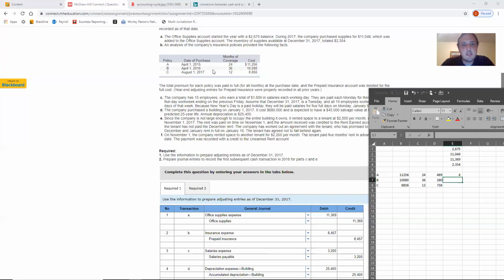The second policy does go through the entire year. And the third one, we only have it from August 1st to December 31st. So August, September, October, November, December. You're going to multiply those across. And you're going to sum up.